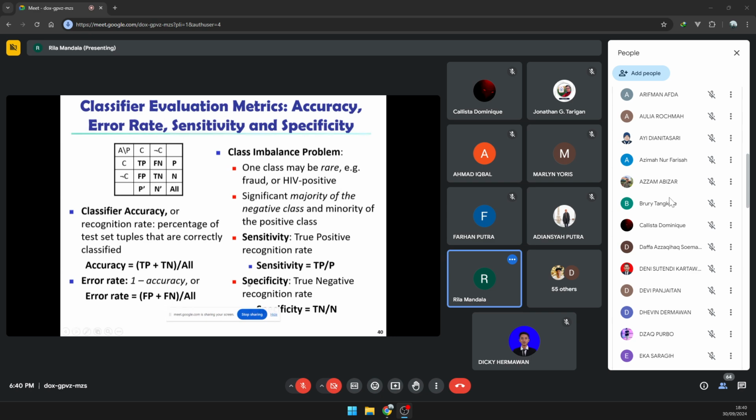Specificity is the true negative recognition rate. It means that specificity is the true negative divided by all the negative data, so true negative divided by true negative plus false positive.